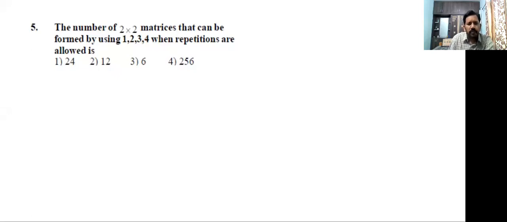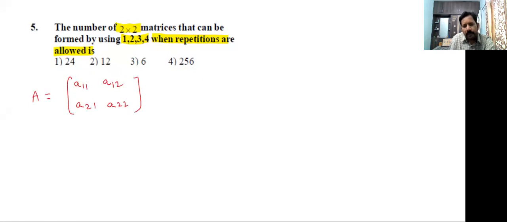The number of 2 by 2 matrices that can be formed using the digits 1, 2, 3, 4 when repetitions are allowed. A 2 by 2 matrix is given. That matrix I am going to expect as A11, A12, A21, A22.